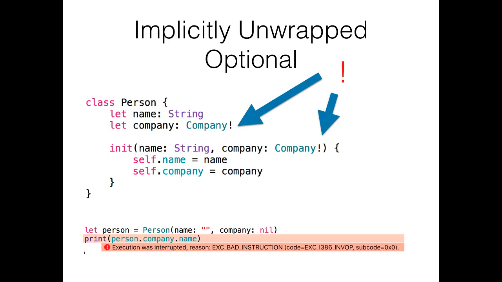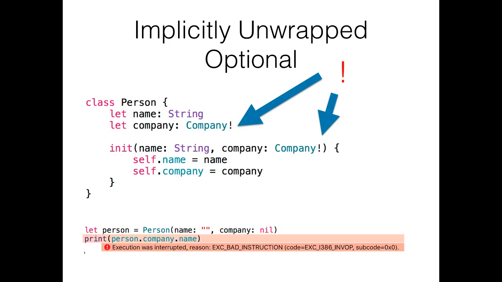So you are saying to the compiler, hey, this might be nil, and with the exclamation point, you are basically saying to the compiler, I know what I'm doing with this. So when I want to address this property, just don't bother me with anything else. When I address it, it just has to work.